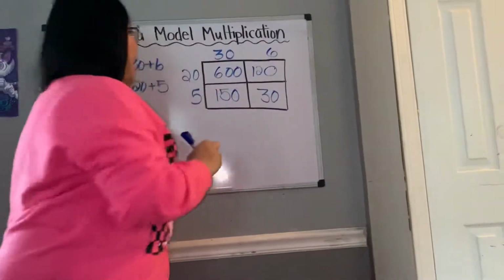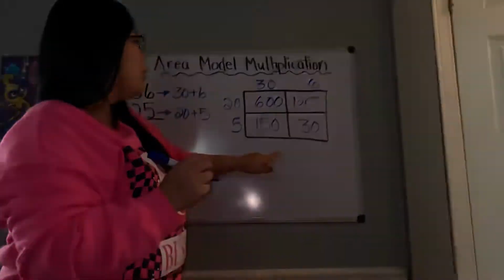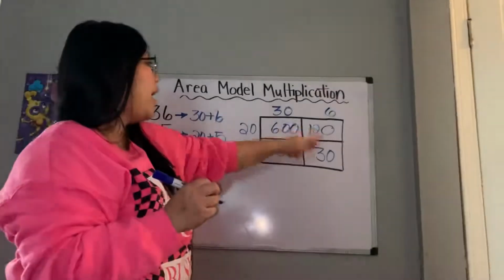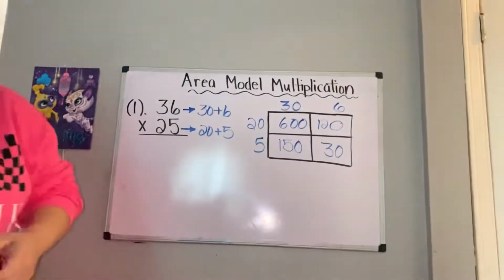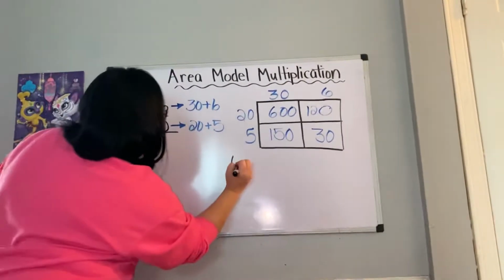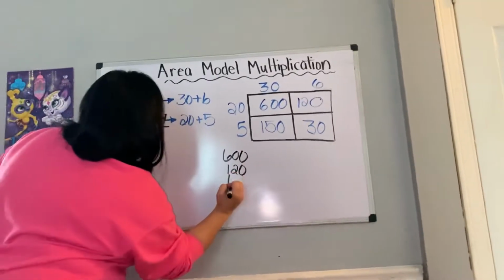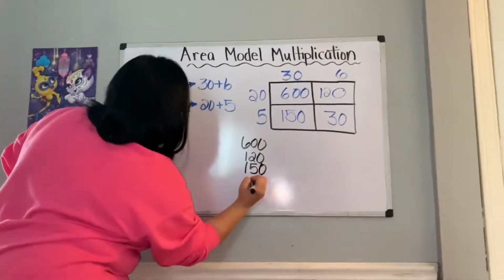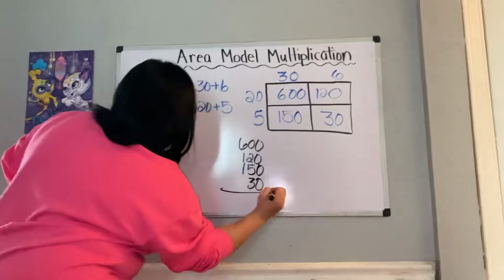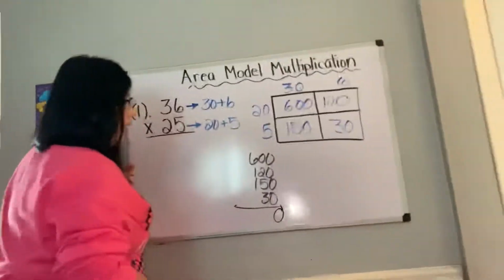Once we have multiplied it all and have all of our products in place, the next step is to take all of the products and add them up together. So we're going to add 600 plus 120 plus 150 and 30. Nothing in the ones place is just 0, so we'll bring that on down.